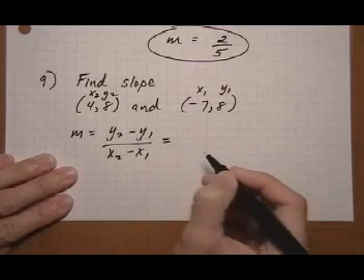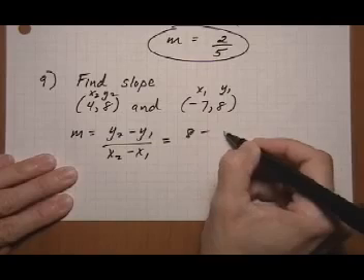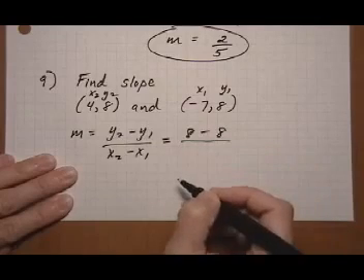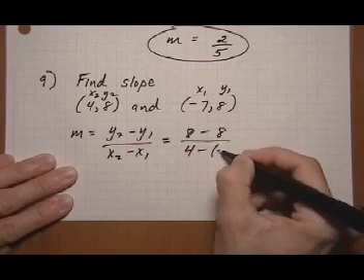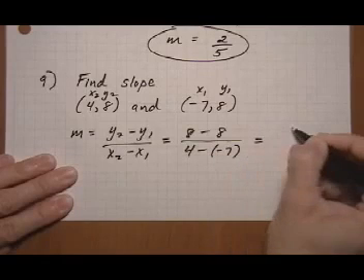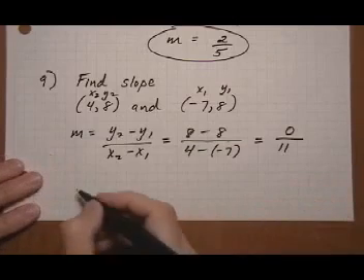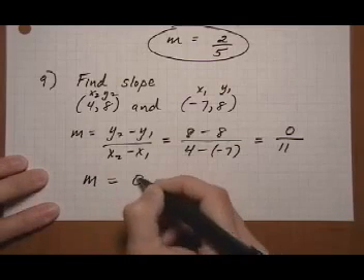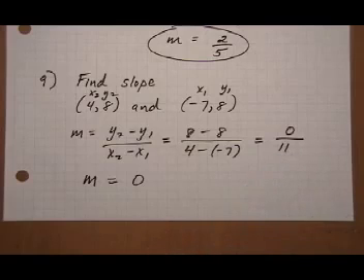Plug it into the formula, y2, which is 8, take away y1, 8, over x2, 4, take away x1, minus 7, gives us 0 over 11. That gives us 0, because 0 divided by anything is going to give us 0.